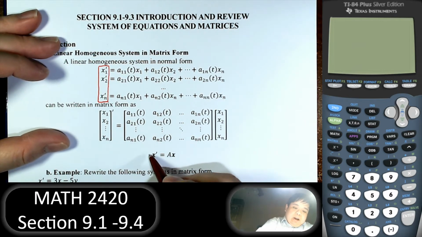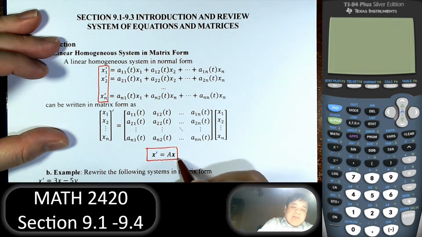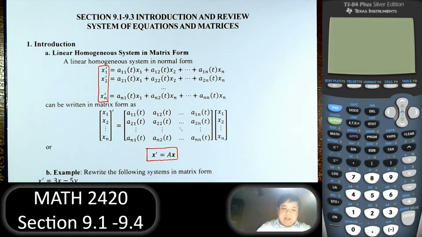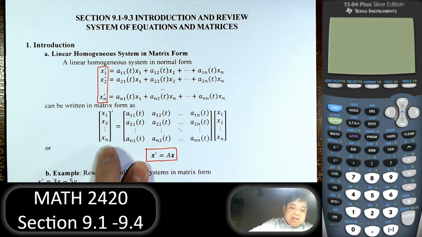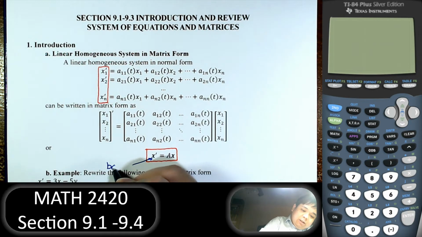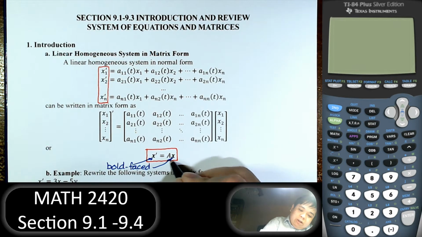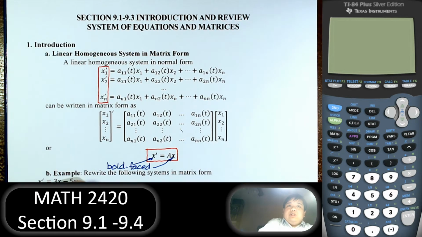In that case, we have the matrix equation of that form, in vector form or matrix form. Notice that this x is different than that x. This is boldface, which is a vector. Of course, for the matrix, usually we just use a capital letter.